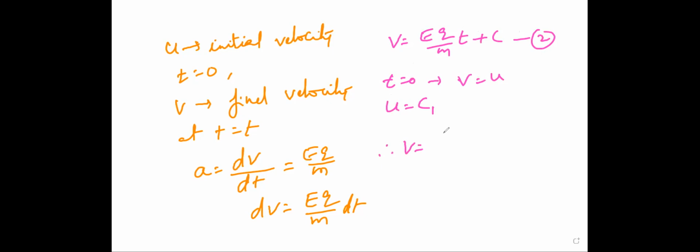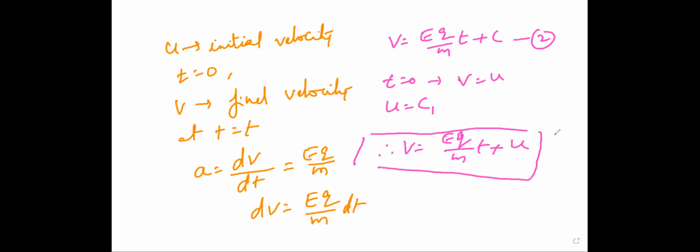Therefore v is equal to Eq by m into t plus u. So from this equation, the velocity of the charged particle is a linear function of time t.